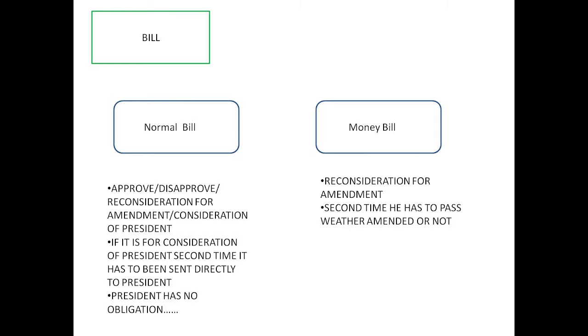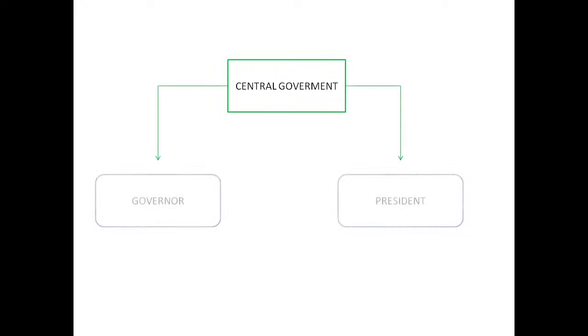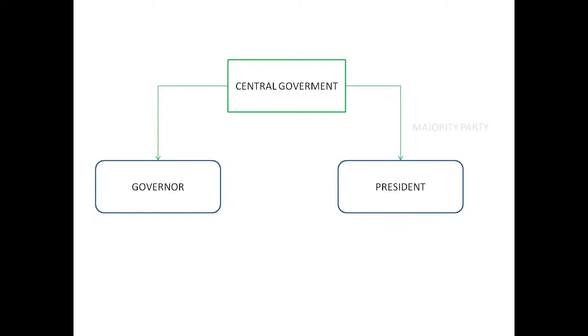Now let us discuss the relation between the central government, the president and the governor. The central government will be formed by a party which enjoys a majority, right? In the present circumstance, it is like that. This majority party will nominate a person for president.